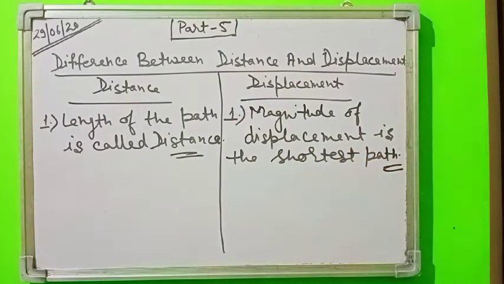Shortest path between 2 points is the magnitude of displacement.